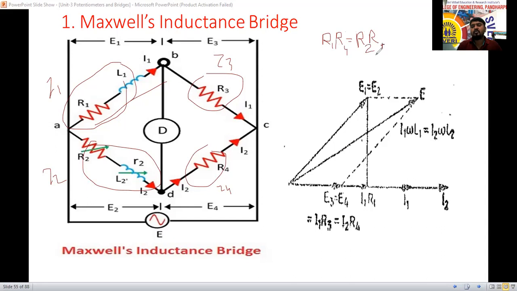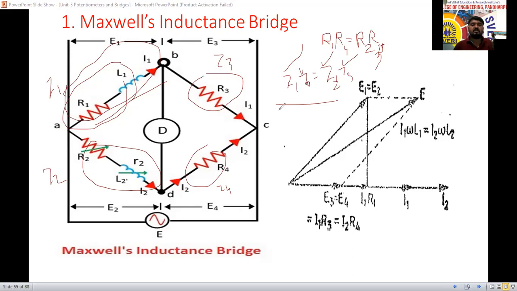So when the resistances are replaced by impedances, we can write this as Z1 Z4 equals Z2 Z3. Yes or no? Z1 Z4 equals Z2 Z3. If you know the equation for Z1, substitute it here; substitute the equations for Z2, Z3 and Z4. Later, separate the real term and the imaginary term, and we will get the answer.